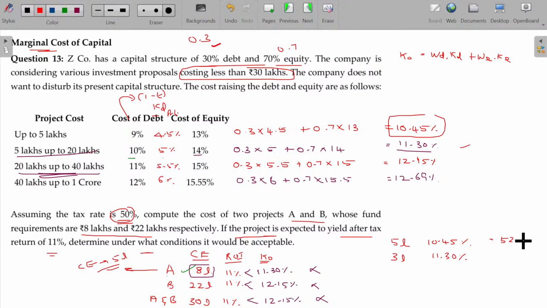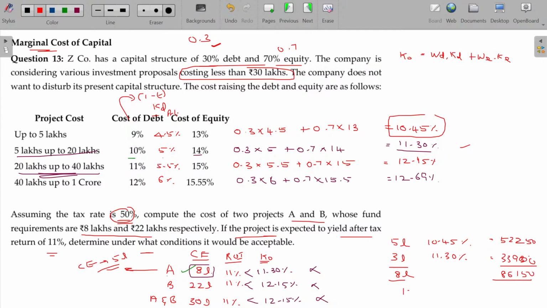52,250. Here 900. What is the total payment you are doing?